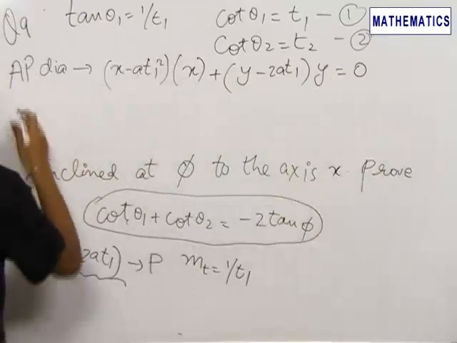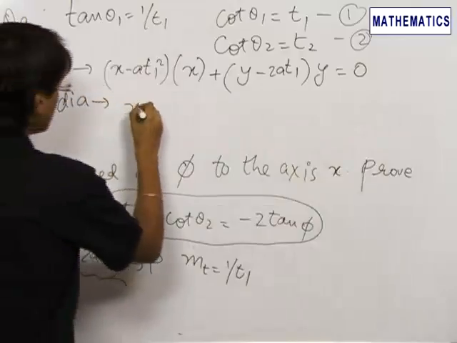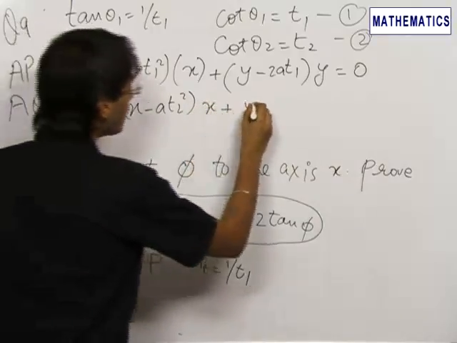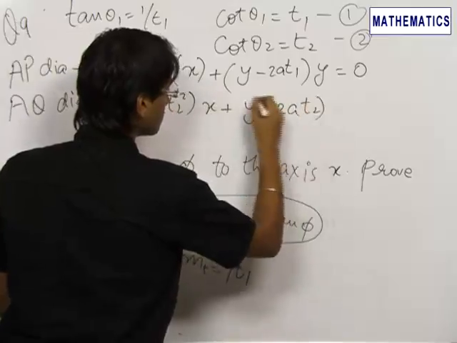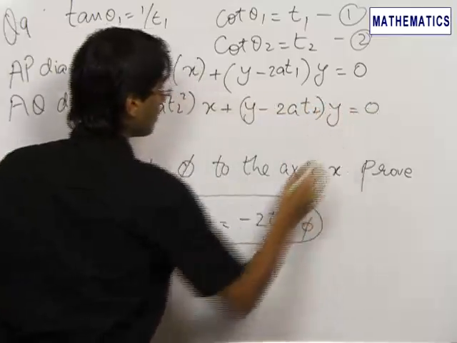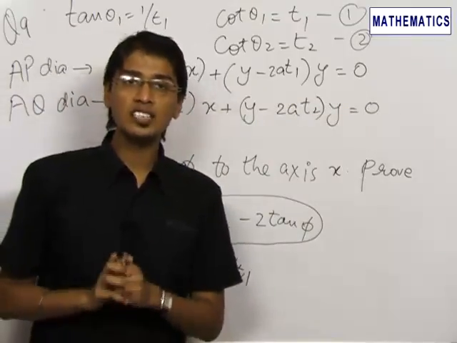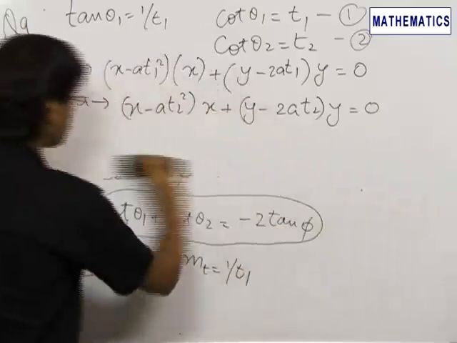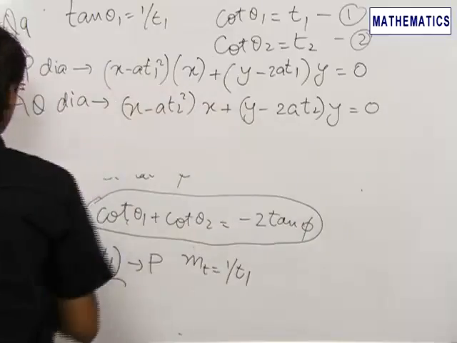And similarly on AQ as diameter, just replacing t1 by t2, we'll get the equation of the circle with AQ as diameter. Now it has been given that these two circles intersect in R, and we know that one of the points of intersection is A, definitely. So the common points of intersection are A and R.